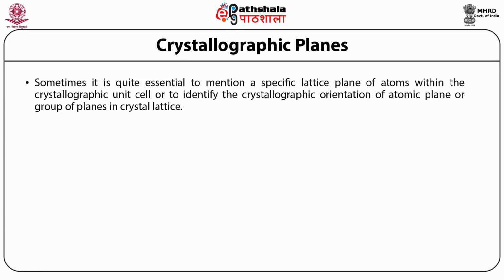Sometimes it is quite essential to mention a specific lattice plane of atoms within the crystallographic unit cell, or to identify the crystallographic orientation of an atomic plane or group of planes in a crystal lattice.